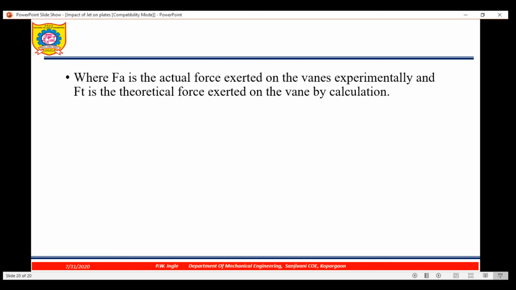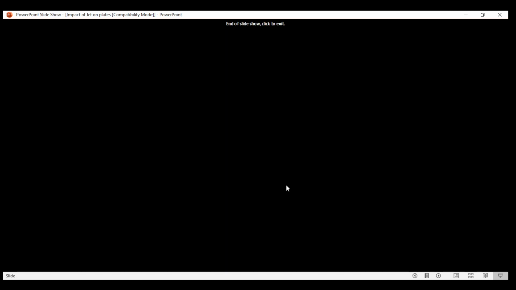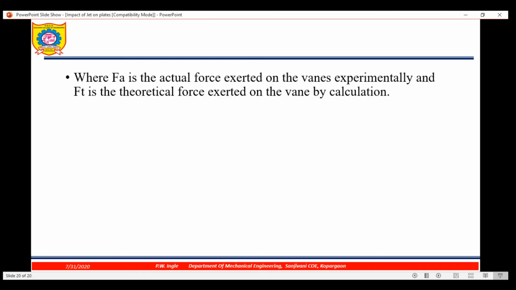So this completes the determination of the coefficient of impact for the flat fixed plate, curved fixed plate, and inclined fixed plate. Stop here. This completes your experiment number 1. Thank you.